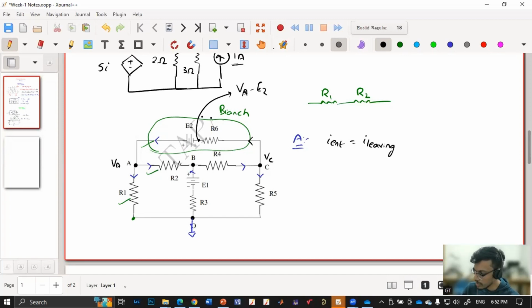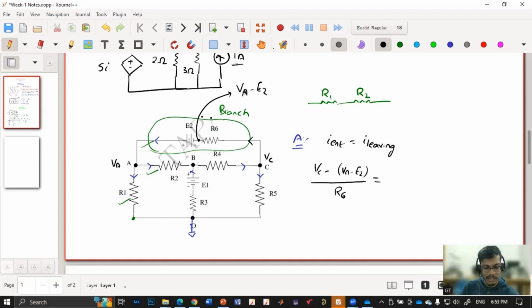As the current is flowing in this direction, by my assumption, I have assumed that VC is at a higher potential compared to VA minus E2. So the current will be higher potential minus lower potential by R6, that resistor R6.